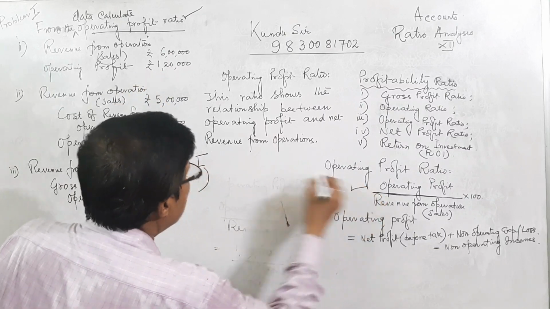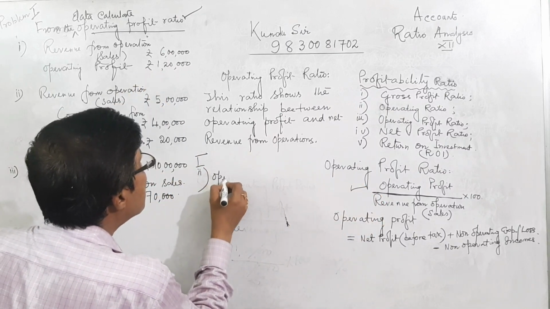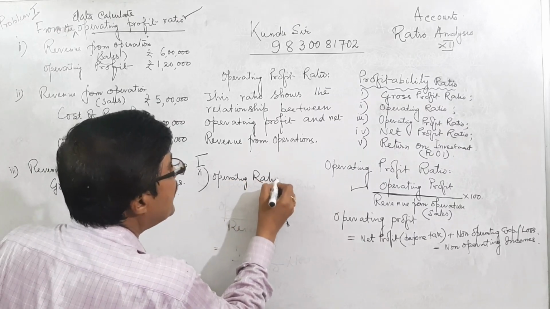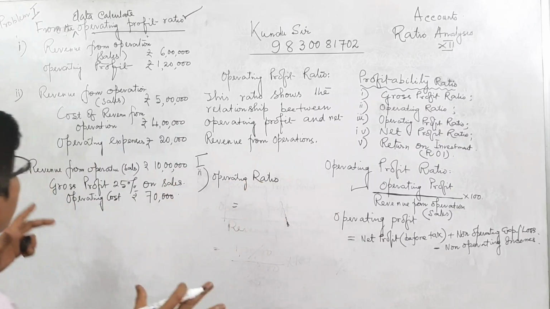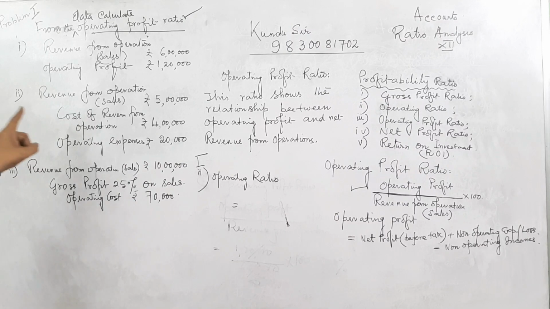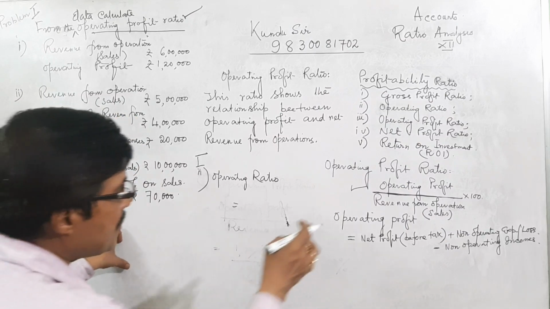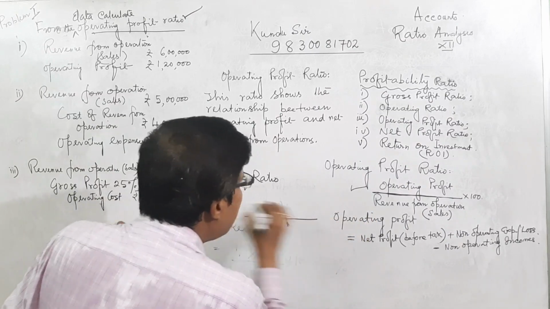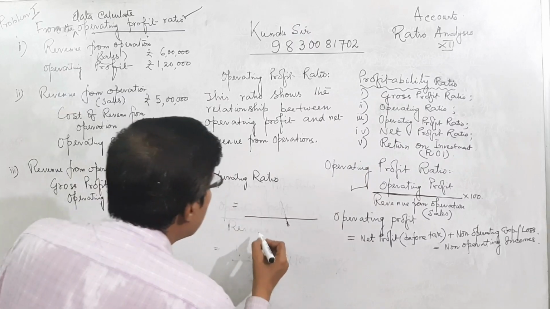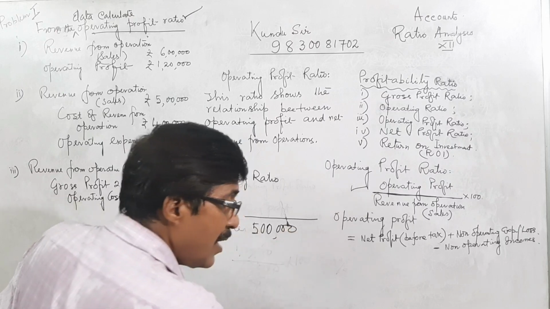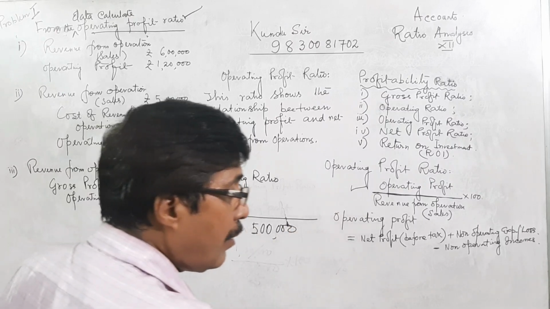This is the operating profit ratio. Operating profit upon revenue from operation, that is sales. The denominator is 5 lakh. Then what is the numerator here?